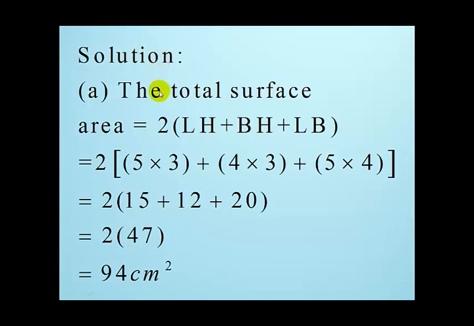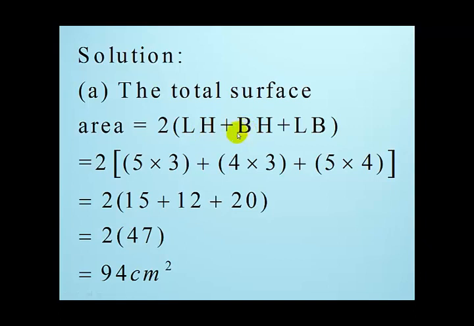Solution. The total surface area is equal to 2 times (LH plus BH plus LB), where L is the length of the cuboid, H is the height, and B is the breadth.